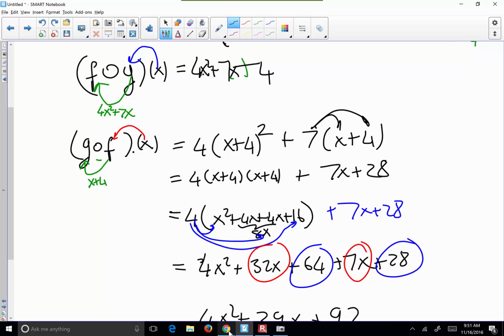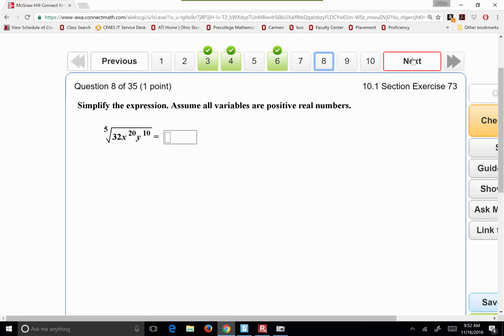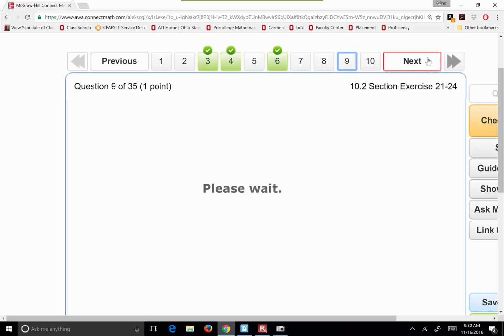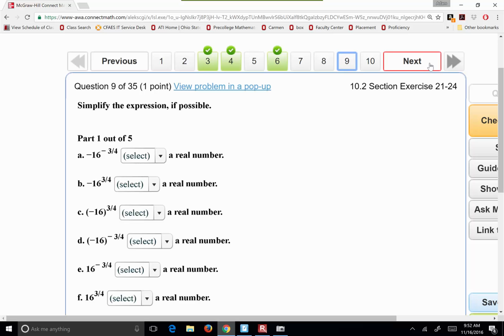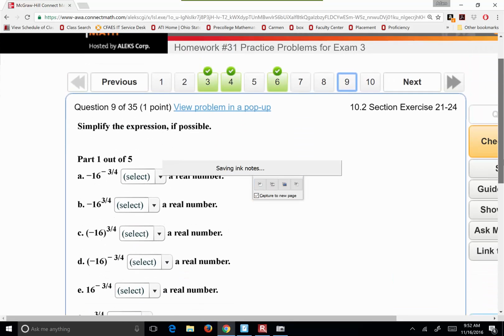Alright, next. About this question, you just need to find out whether these numbers are computable or not.